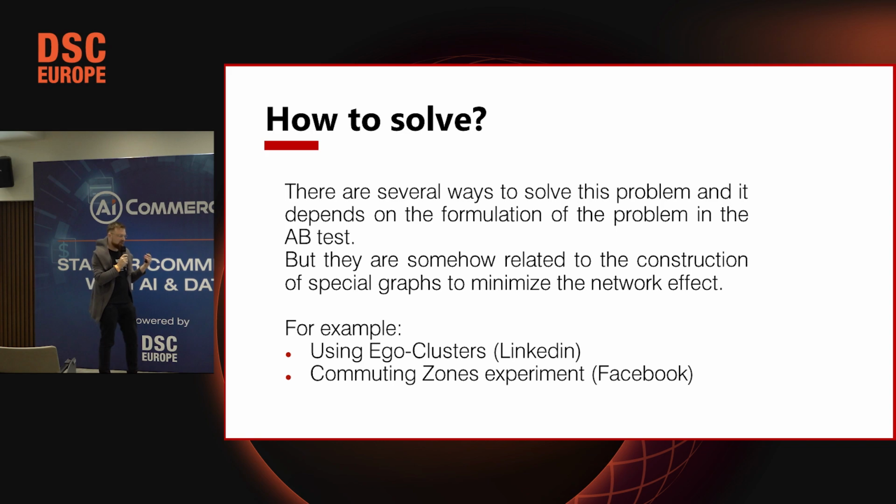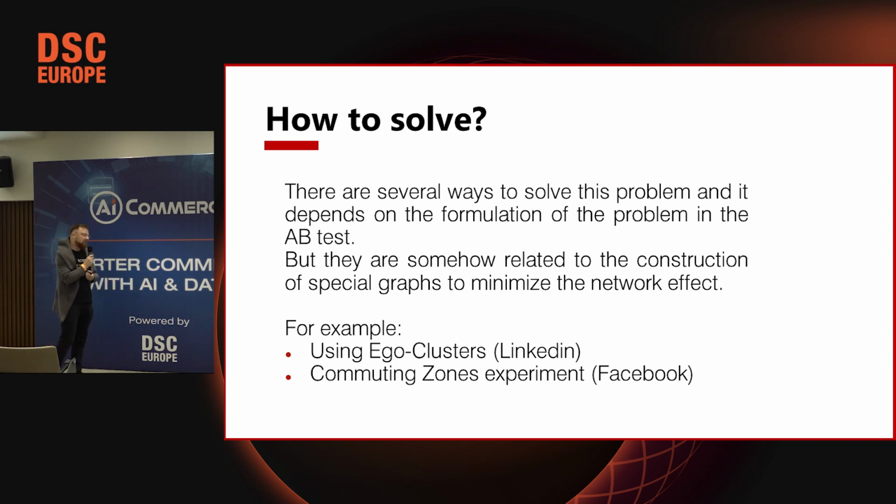I sent references to articles at the end of my topic, but the general way is to build a special graph, with special techniques to isolate this effect. For example, LinkedIn uses ego clusters, Facebook uses commuting zones for users in the United States, and it's partly solved, but it's a very hard technique, and we don't have a lot of time to deep dive into it.